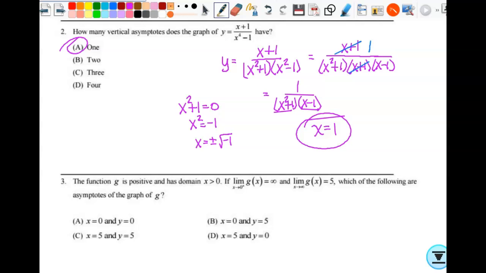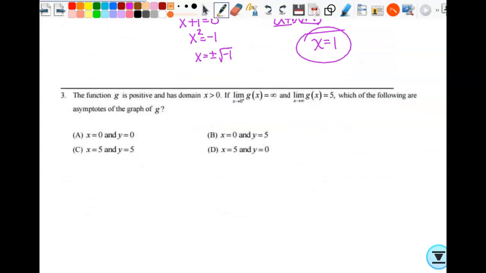Okay. So read number 3. Discuss it amongst yourselves.